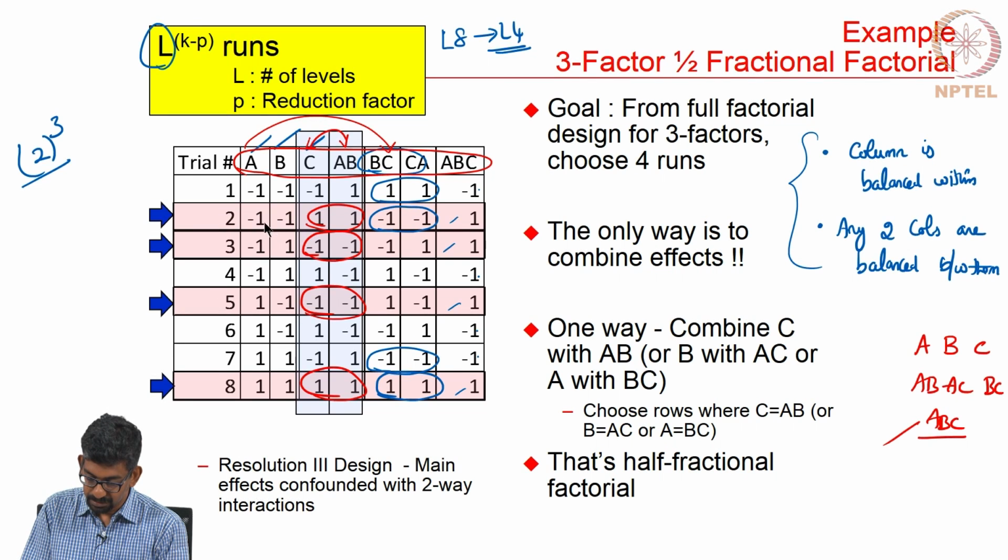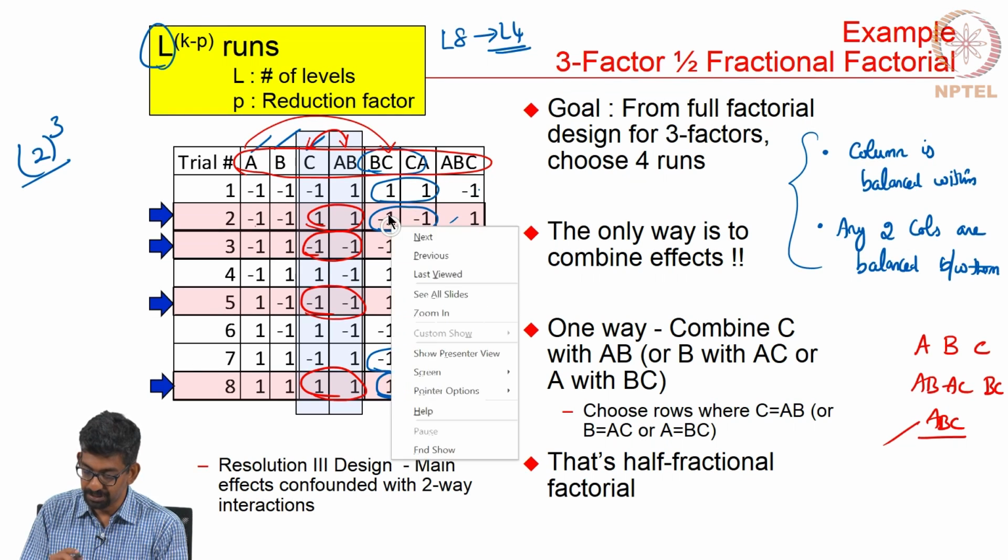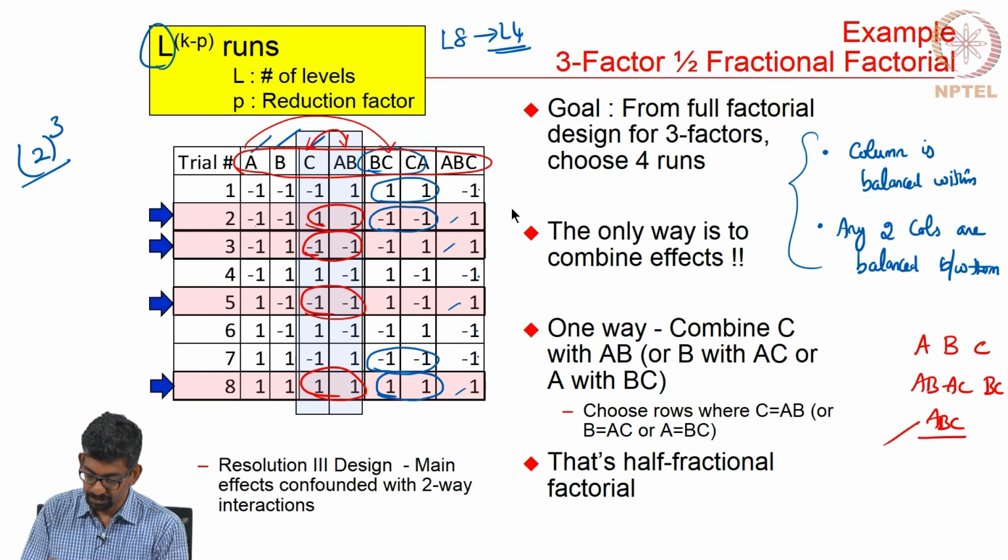For instance, -1, -1, they will be the same rows, -1, -1, -1, -1. I am sorry, are you able to follow? Typically, I should have used another color, and then you can see this one again 1 and 1.